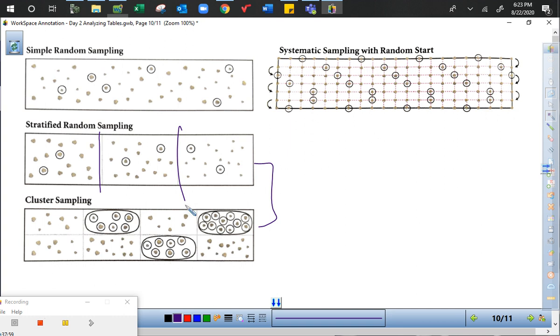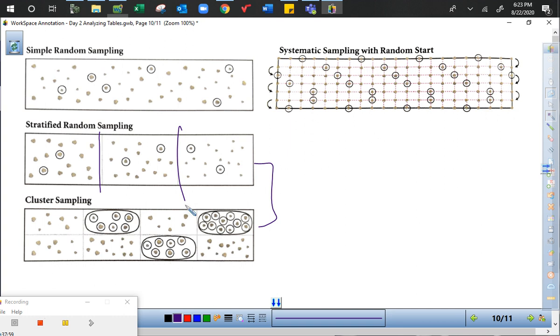Okay, so to give you kind of an example of this, you could, in Hayes High, stratify by grade level. 9th graders, 10th graders, they share characteristics because they usually attend the same types of classes. Then you randomly choose some from each.